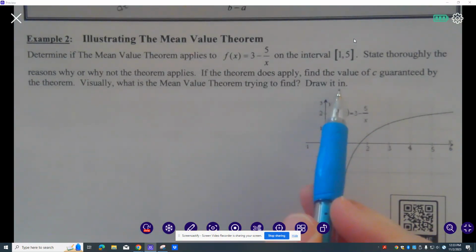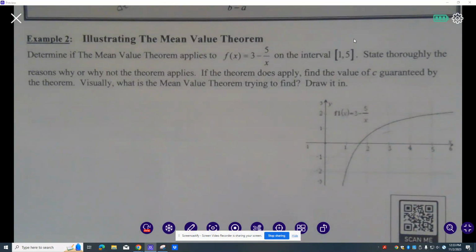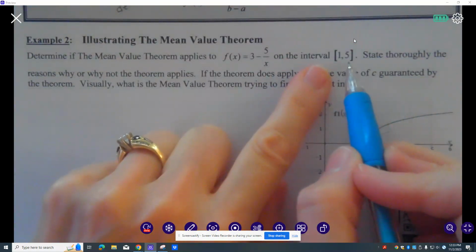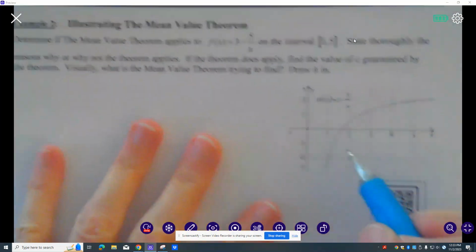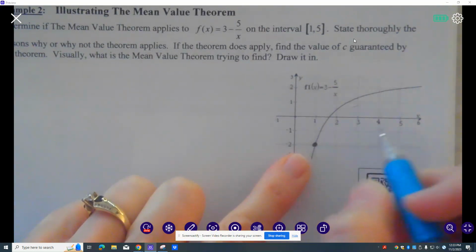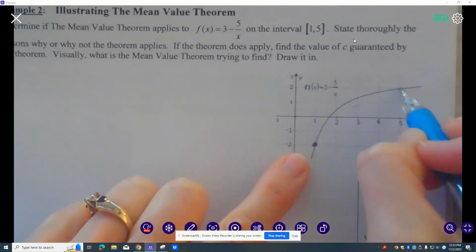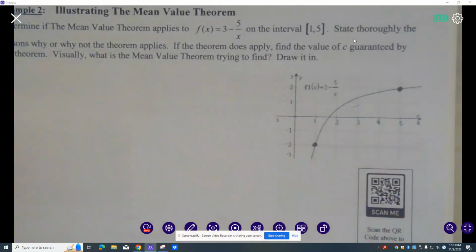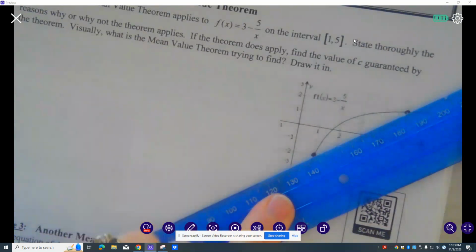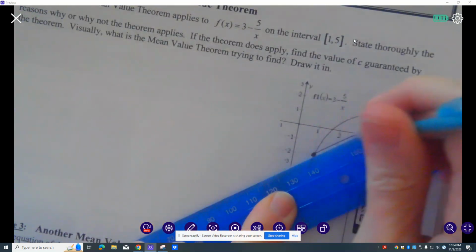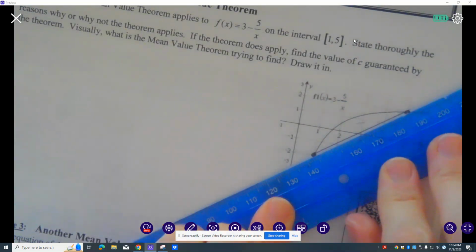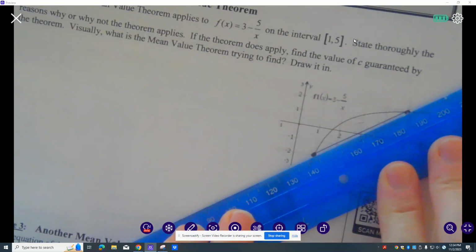Draw it in. So let's draw it in first before we solve this problem. Okay, I'm looking at x value 1 and 5. So here's 1. So I'm going to put a point at x equals 1 on the curve, and a point at x equals 5 on the curve. Draw a secant line between those points. So that would be that. Now what mean value theorem says is the slope of the secant line will be the same slope as the tangent line.